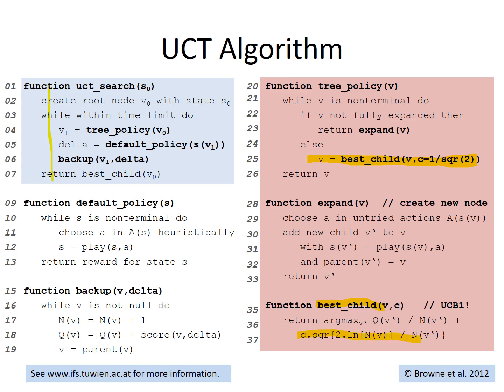This is exactly the UCB1 formula, and this is the reward so far. Q stores the reward, N is the number of visits, so it's an average reward, and C is a weight between the two. So the function best child contains exactly the information that we had to solve the exploration exploitation dilemma. It is then propagated up to the tree policy.